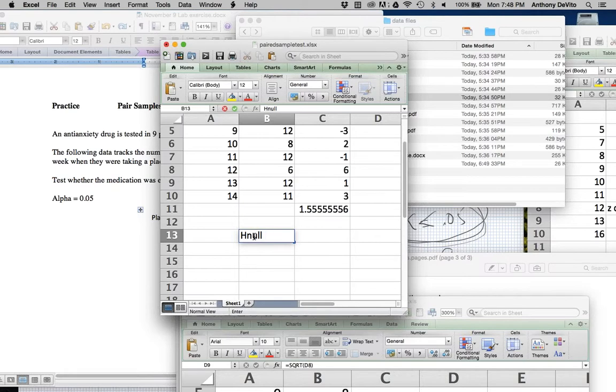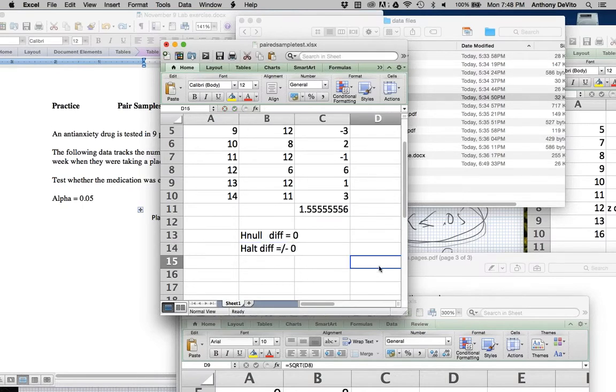My null hypothesis is not mu1 is equal to mu2, is it? Our null hypothesis is the difference is equal to zero. And our alternative hypothesis is that the difference is not equal to zero.